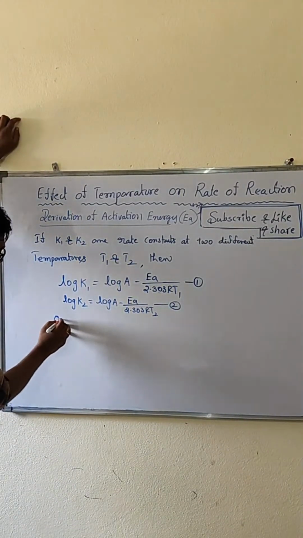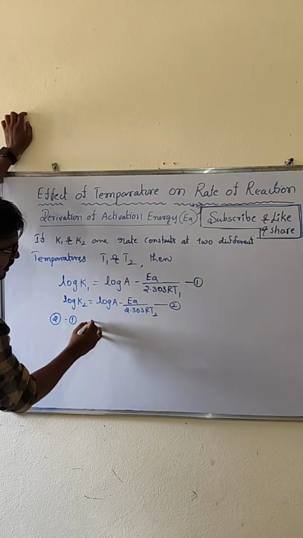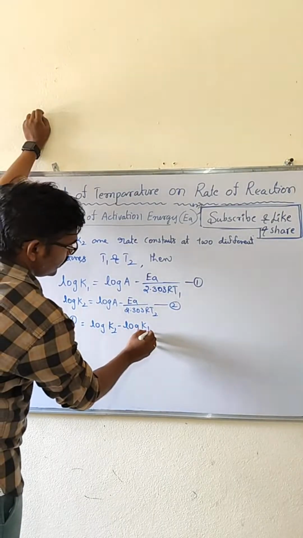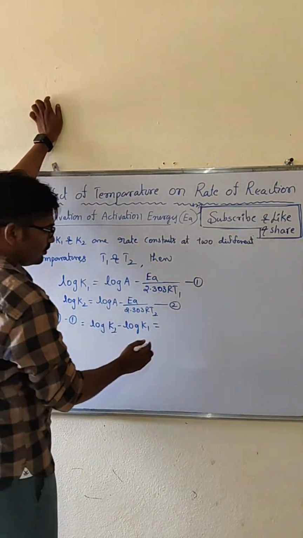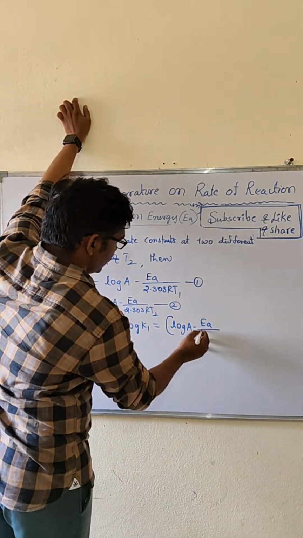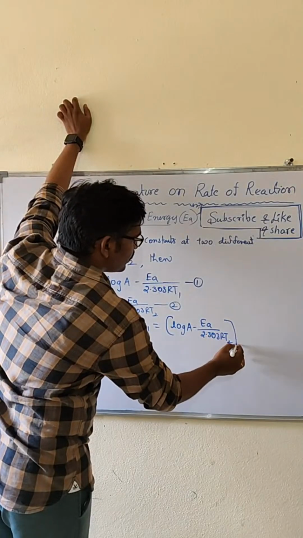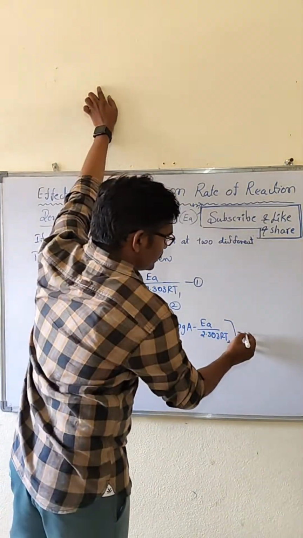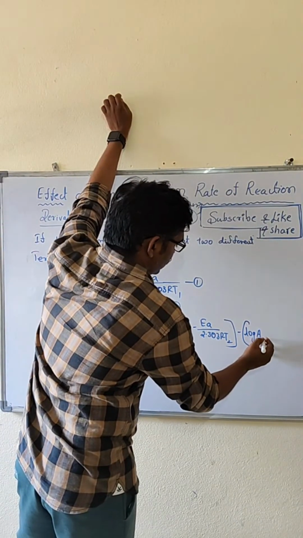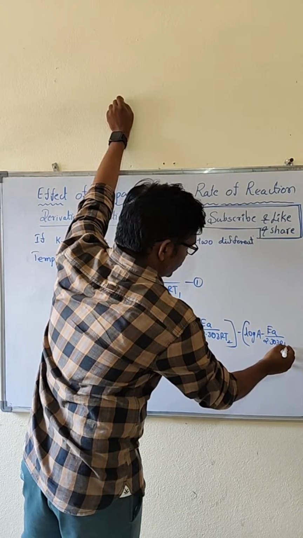Subtract equation 2 minus equation 1. Then log k2 minus log k1 is equal to log A minus Ea divided by 2.303 R T2, close that, minus the minus of that: log A minus Ea divided by 2.303 R T1.